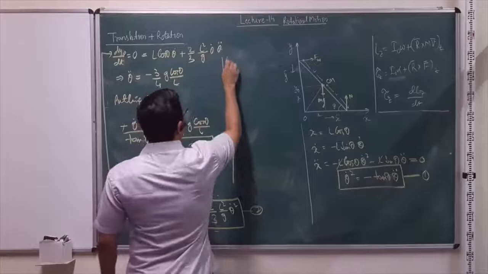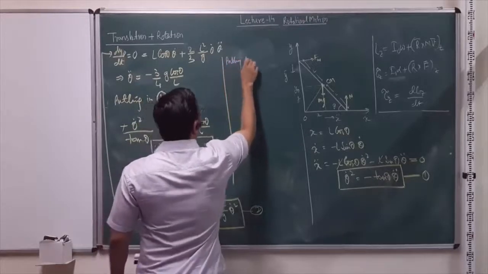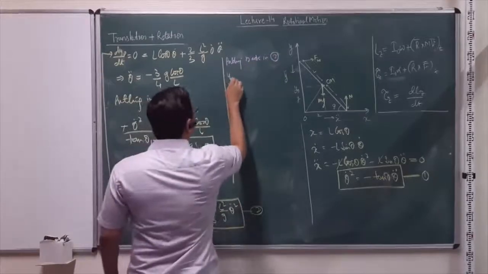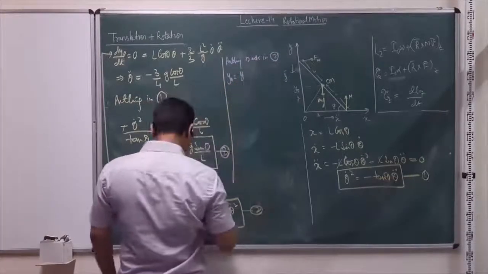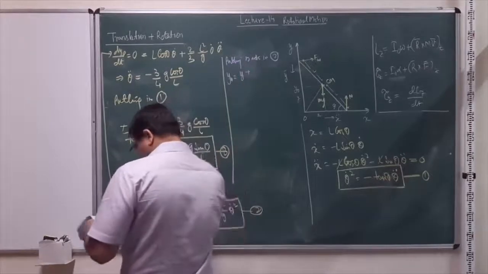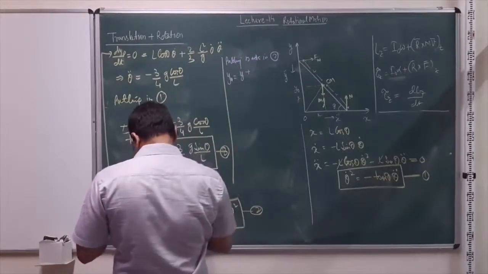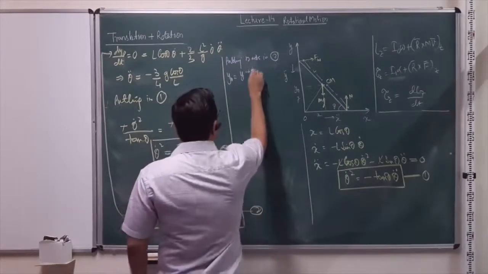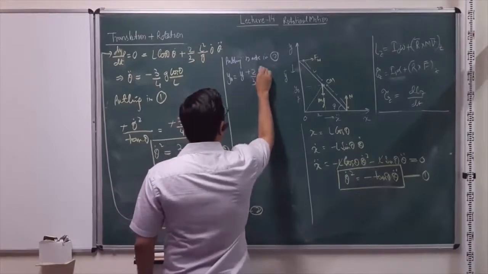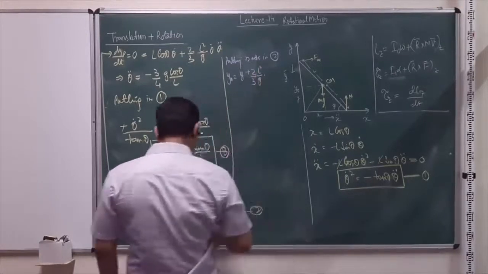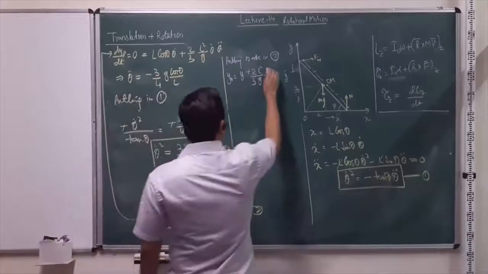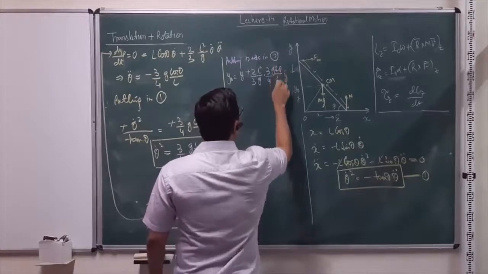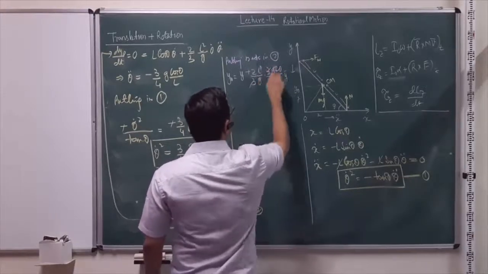Putting back in 2, I have y0 is equal to y plus 2 by 3 L square by g into theta dot square, which is 3 by 4 g sin theta over L. So some terms will cancel out.